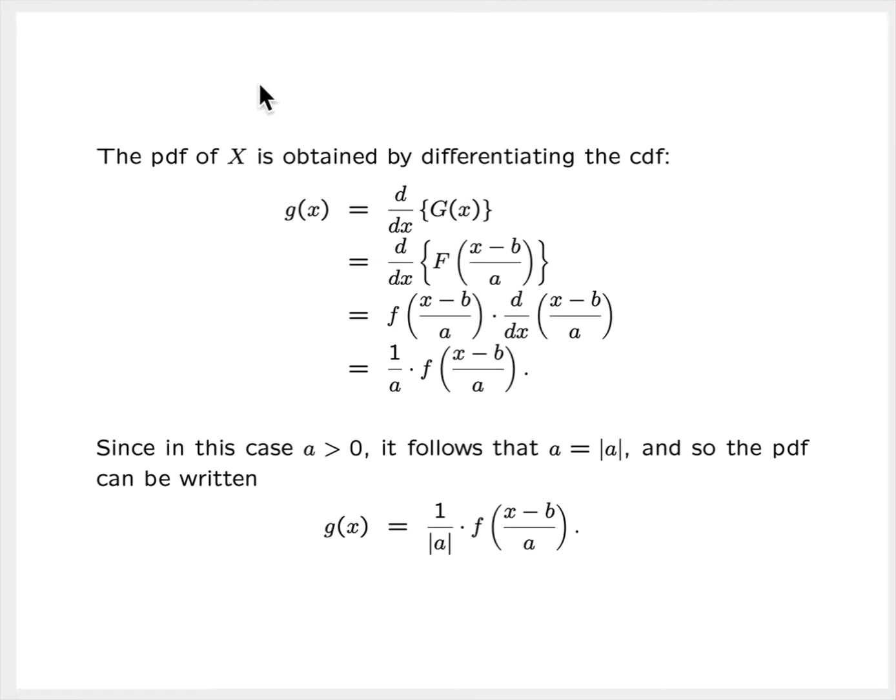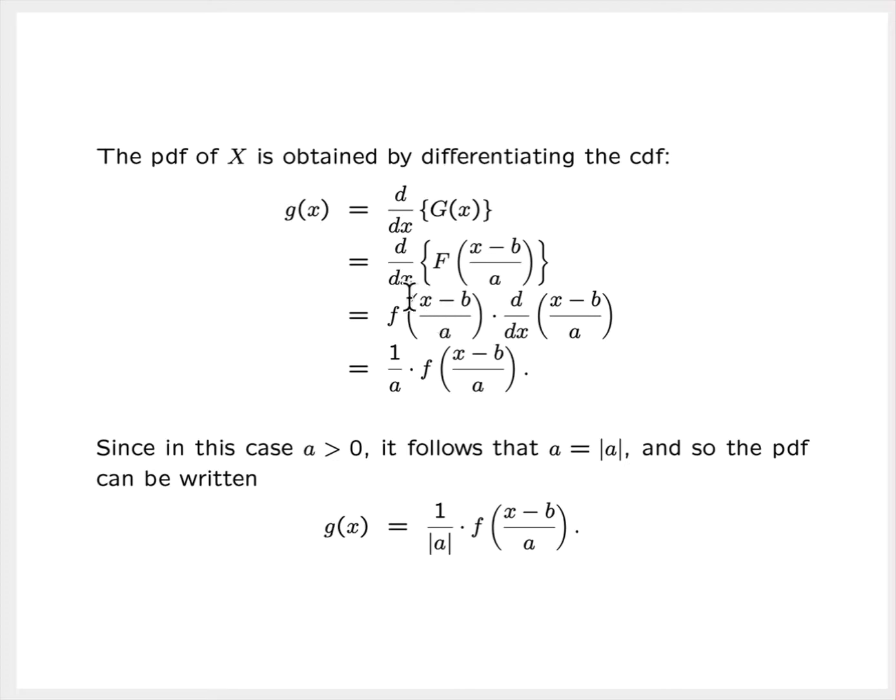So now we're going to find the PDF of x by differentiating the CDF. The PDF of x, which is denoted by lowercase g, is given by the derivative with respect to x of the CDF of x. So we have the derivative of capital F evaluated at x minus b over a.